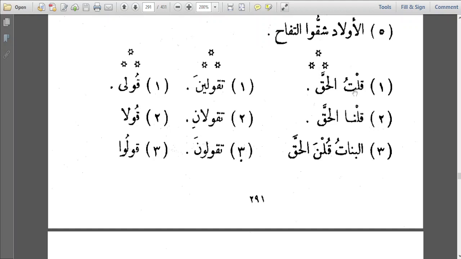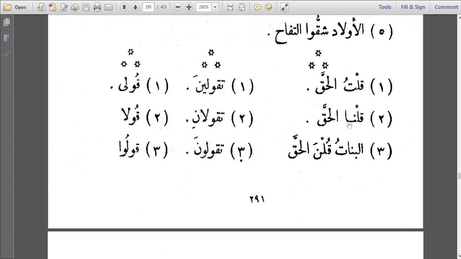We have قلت الحق. قلت, the verb is supposed to end in sukun because it is coming into contact with a ضمير الرفع المتحرك, a ضمير الرفع that has a vowel. Whenever the verb comes into contact with a ضمير الرفع that has a vowel, the verb ends with sukun. So when you have qala and the lam is supposed to have sukun, of course the alif cannot stand. And so you have kultu.